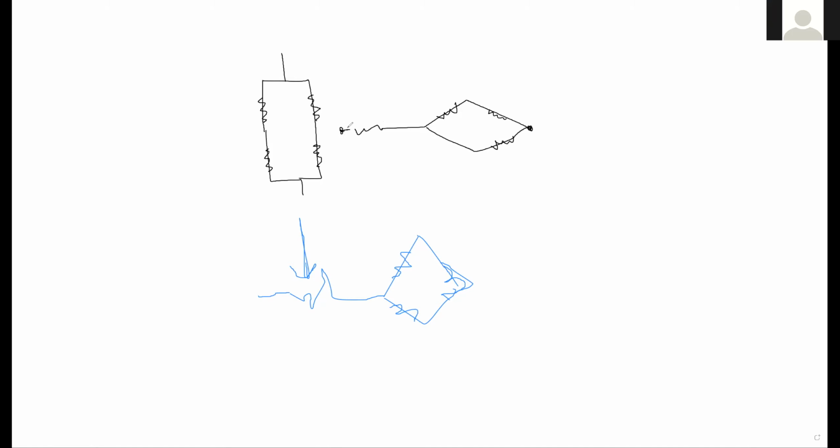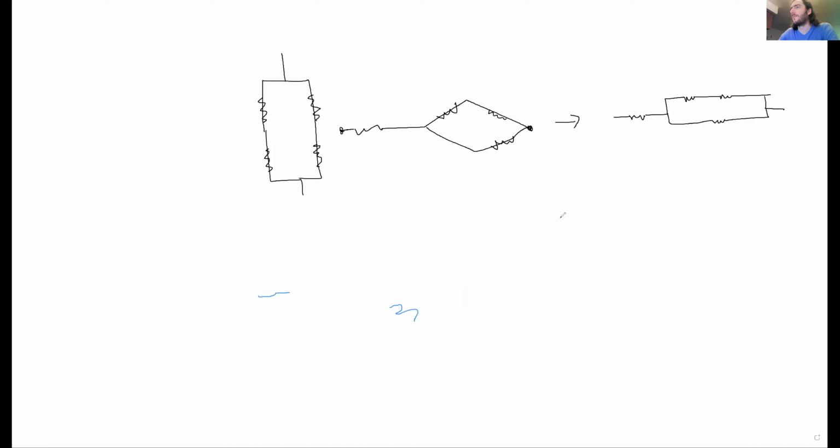The way I would draw this is in a block, just to keep it understandable. We know these two are in series right here, those two are in parallel with this one, and these three are in parallel with this one. Make sense?